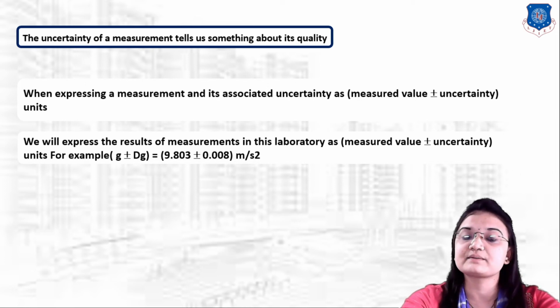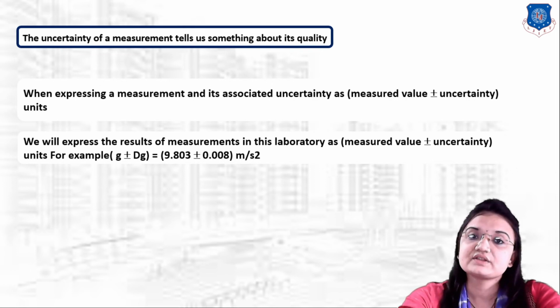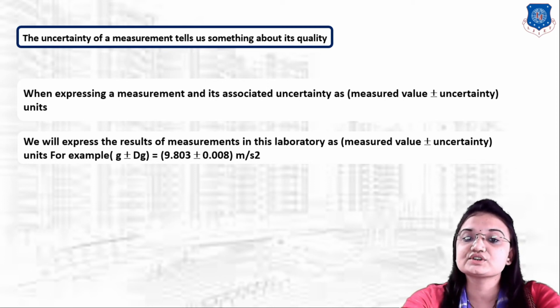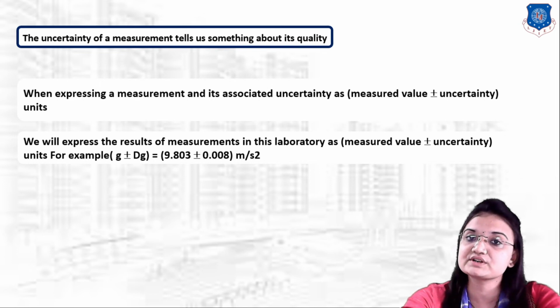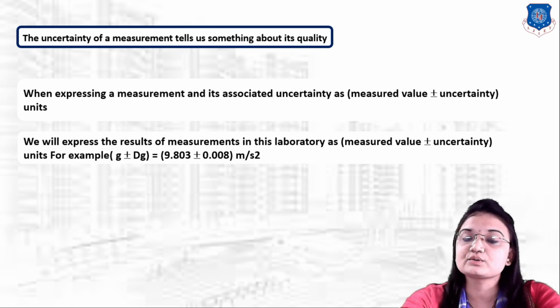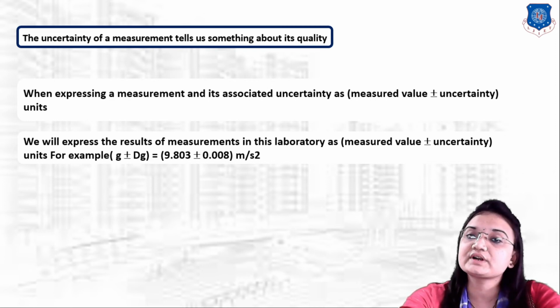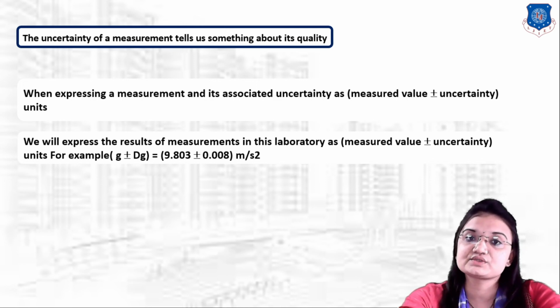For example, g plus or minus dg, where g is the gravitational acceleration. That is 9.803 plus or minus 0.008, because we have doubt about the plus 0.008 or minus 0.008. So it is either 9.803 plus 0.008 or 9.803 minus 0.008.